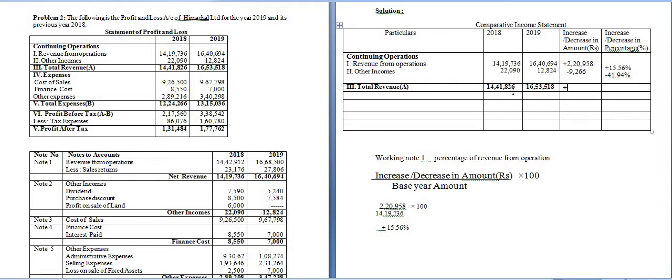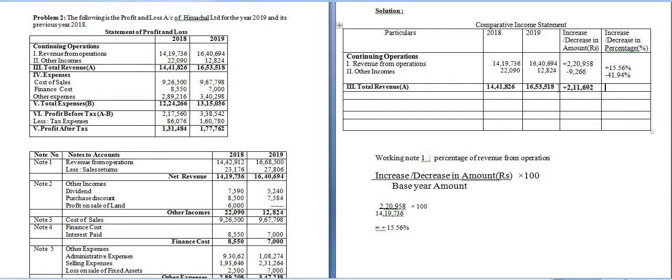The amount has increased from 14 lakh to 16 lakh. So how much is the difference? 16,53,518 minus 14,41,826 is 2,11,692.